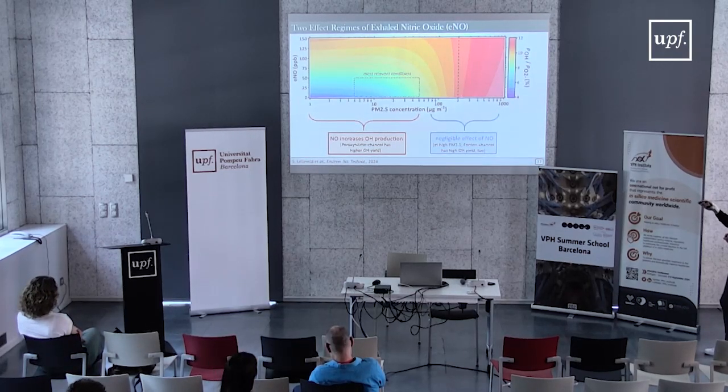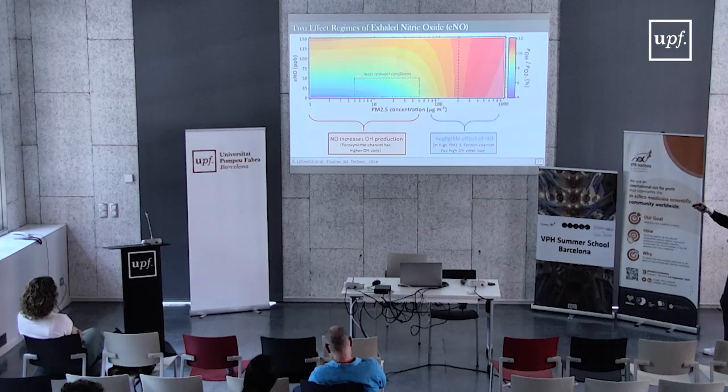Here the isolines of this plot are vertical, which means it doesn't matter if you have asthma or not, you anyway make lots of this OH radical. So here there's a negligible effect, but the important message is that here you are sensitive, especially here on the left side. Here the lines are really horizontal, and here they start to become a little bit vertical.